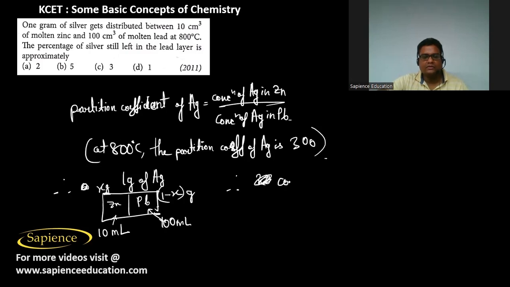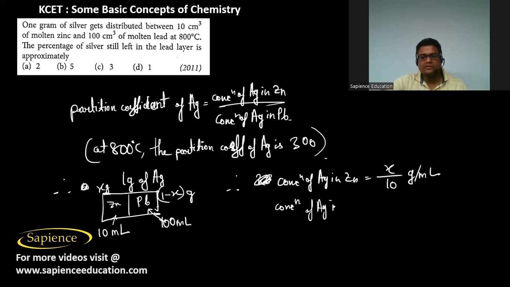The concentration of silver in zinc is equal to X by 10 gram per ml, and the concentration of silver in lead is equal to 1 minus X by 100 gram per ml.